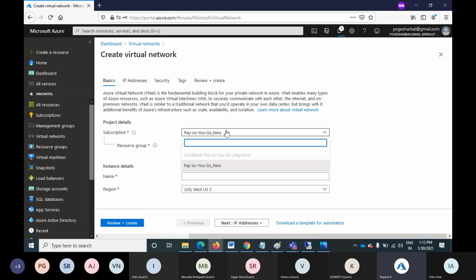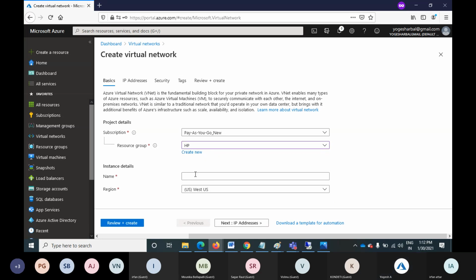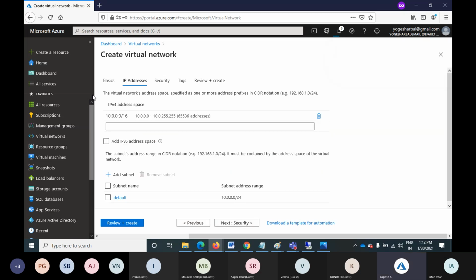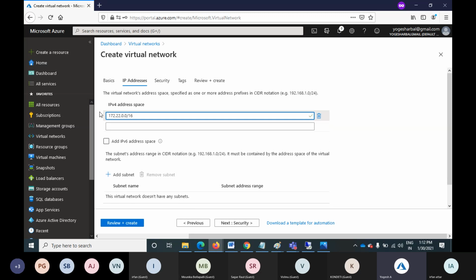So again, I have two subscriptions here. Pay as you go, new. HP VNet, 172.22.0.0/16.